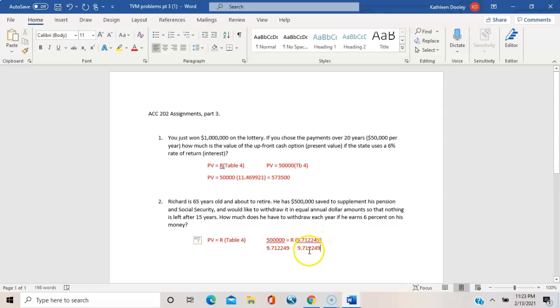Okay, so on the right side, we'll wipe that out and the R will be left by itself. And then we've got 500,000 on the left side that we need to divide by 9.712249. And that is 51,481.